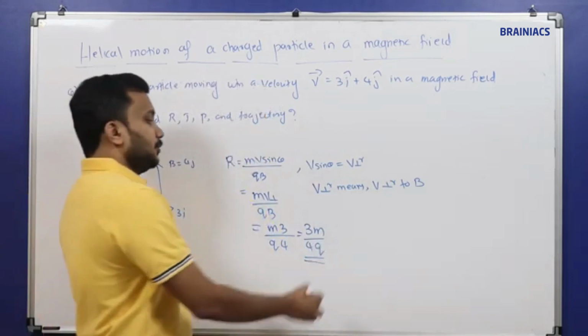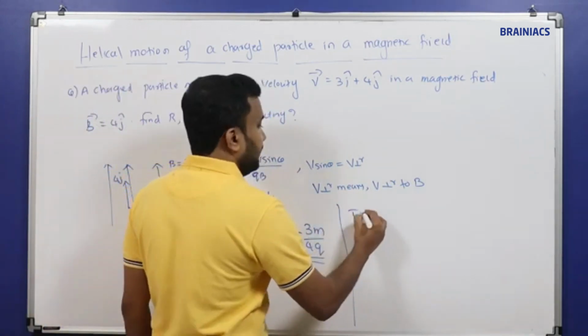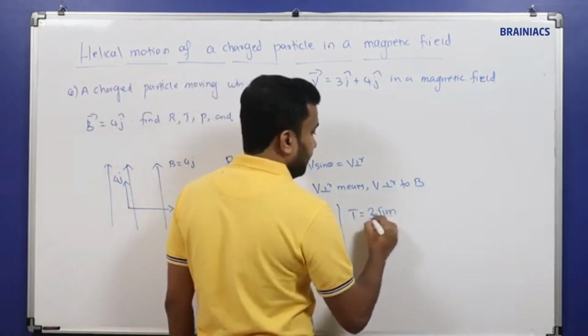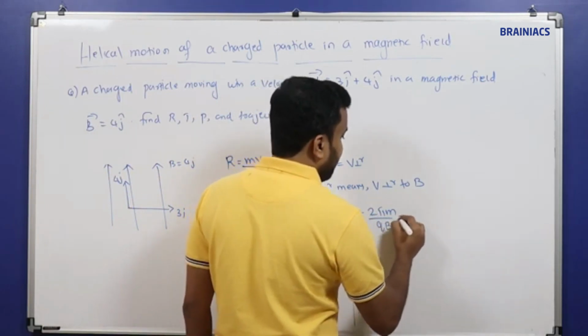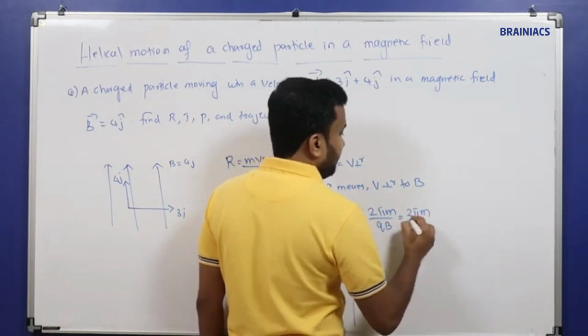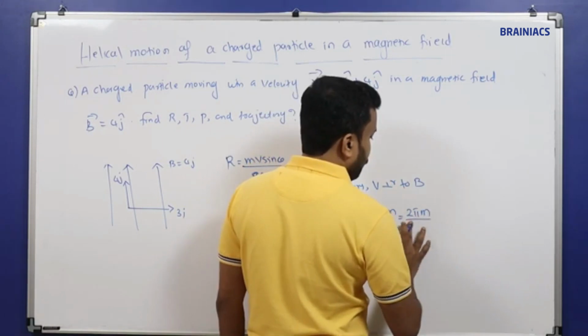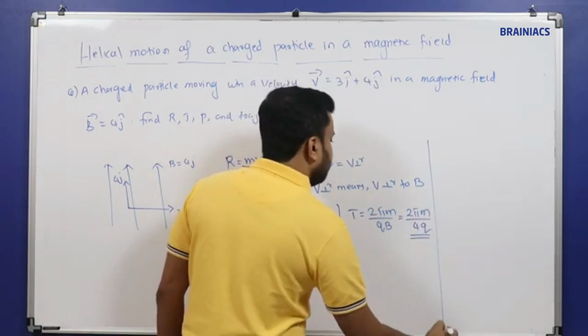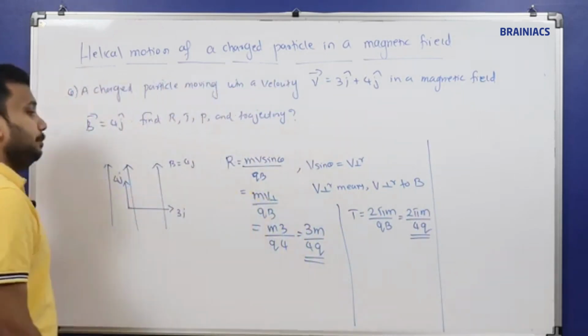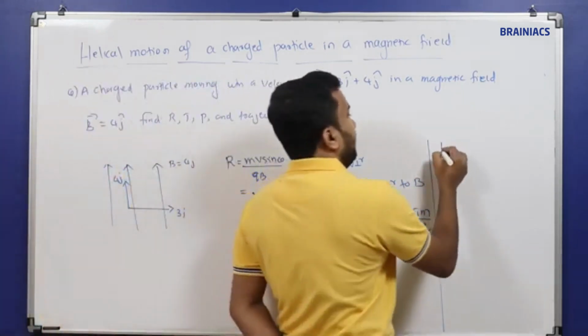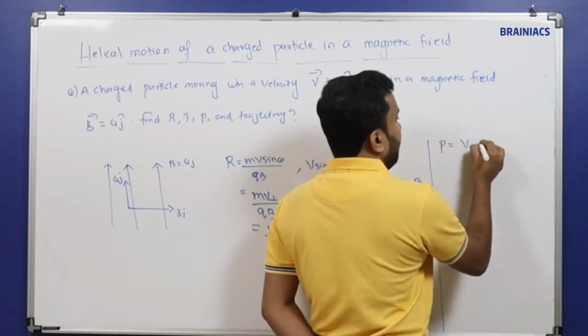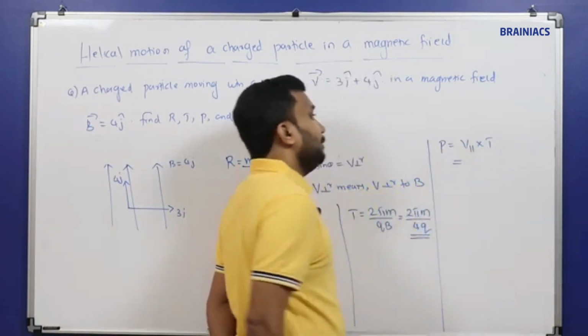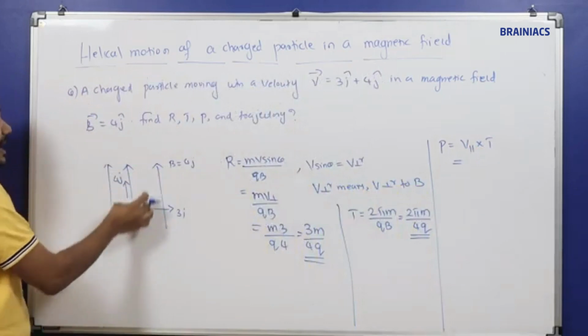The next part of the question is the time period. T = 2πm divided by qB, a direct formula. B becomes 4, so it becomes 4q. The last one is the pitch. Pitch is equal to v parallel into the time period. What is the parallel component, parallel to the magnetic field?